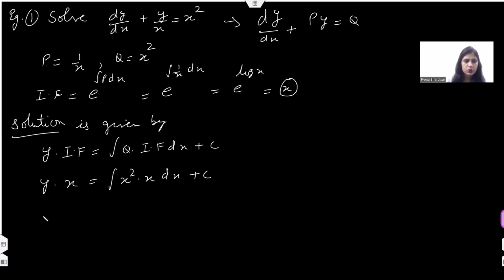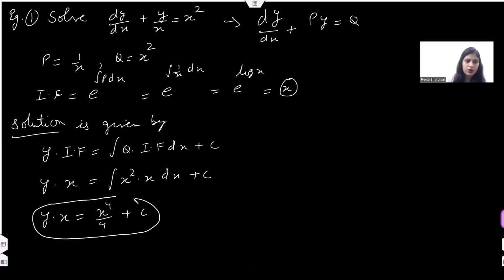So we get y into x equals the integral of x cubed, and the integration of x raised to power 3 is x to the 4 by 4. So this is the required general solution of the given differential equation, and it will be your answer.